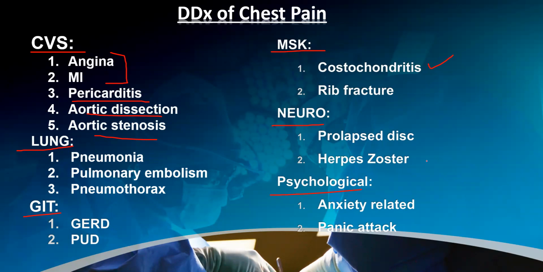Neurological causes include prolapsed disc. So if you have a cervical or a thoracic disc prolapse, it can present with chest pain. Herpes zoster is a very important thing to rule out. Sometimes if you don't ask this question, you will never get the diagnosis. The patient with herpes zoster will have pain in the chest wall, and then 2 to 3 days later, the typical vesicular rash will come up on the chest wall.